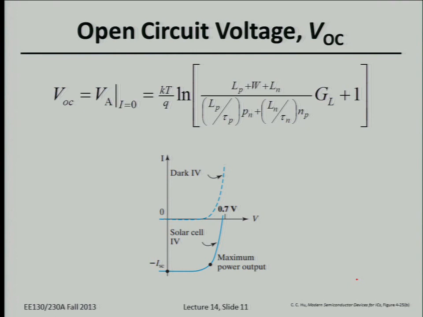An interesting performance parameter for an optoelectronic diode is the open circuit voltage. But let's not talk about that first. If we operate a diode with V_A less than 0, this is actually a photodetector, a light detector.